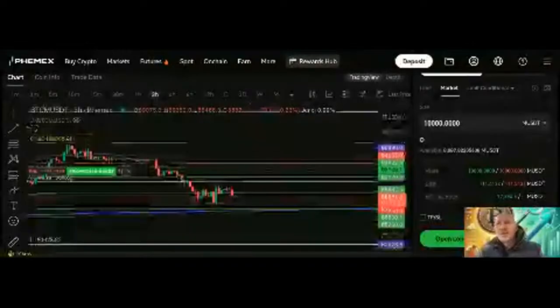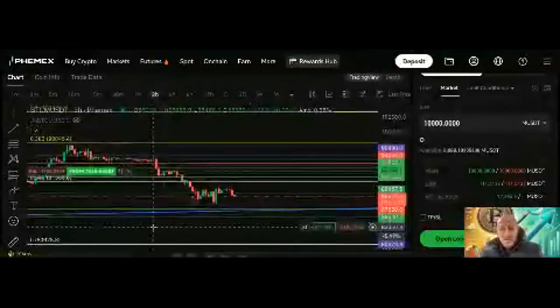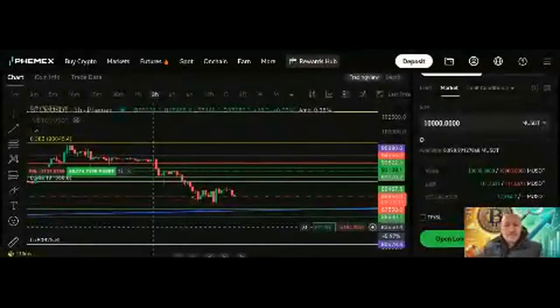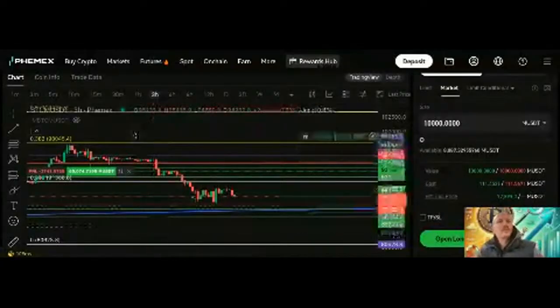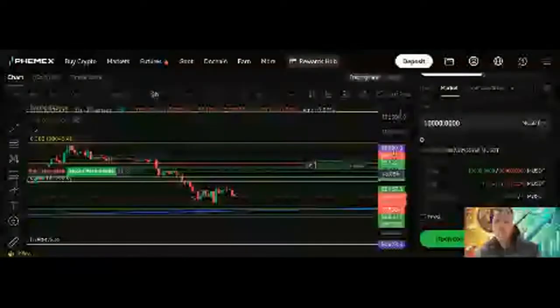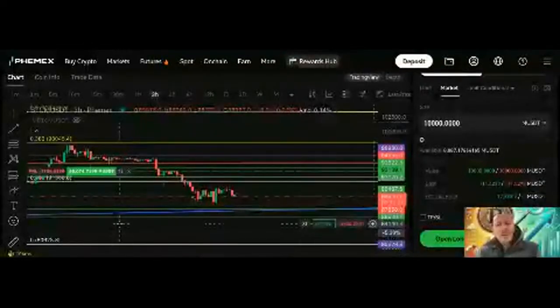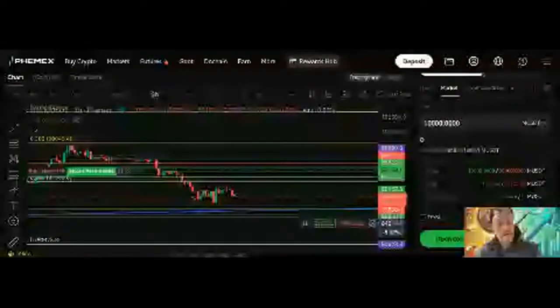Do you think price will return to $100,000 this year? I don't really care, and neither should you. Because, why? Because when you know what you hold, you'll buy it at a lower price.